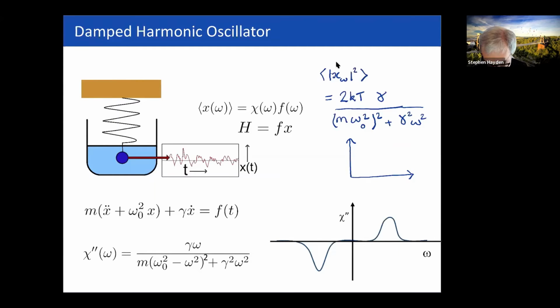So that's a simple example of fluctuations, and I've got a viscous liquid to be more precise. Well, actually all liquids except superfluids are viscous. So we have a liquid here, and we have an atom or a small sphere inside the liquid with a mass attached to a spring.